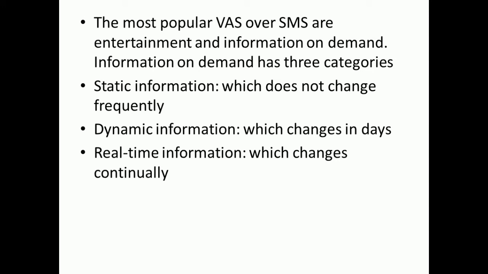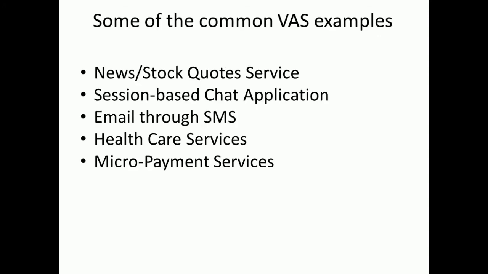Then real-time information, which changes continually. An example is the live cricket score. Some of the common VAS examples: news or stock quotes service, session-based chat application, email through SMS, healthcare services, micro-payment services.